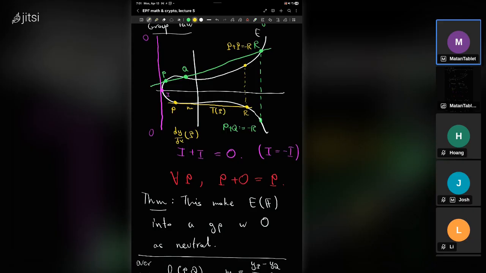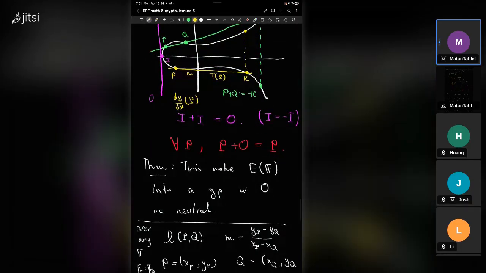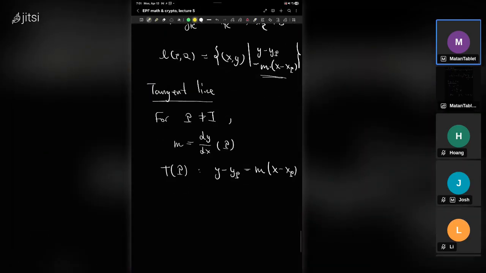But you see, with dy/dx, I'm dealing with polynomials. I don't have any sines or crazy functions. Polynomials, I can differentiate formally. Let's say in the general case I have y squared equals x cubed plus ax plus b.